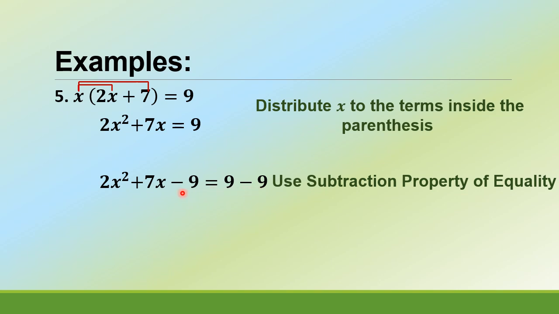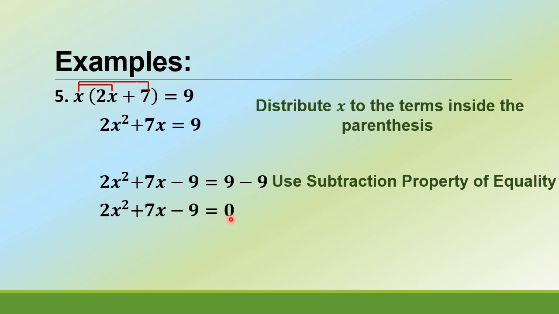Okay? So, dahil naglagay tayo ng minus 9 sa right side, definitely may minus 9 din sa left side ng equation. So, dito, sa right side, 9 minus 9, it is equal to 0. So, we have the quadratic equation, 2x squared plus 7x minus 9 is equal to 0.